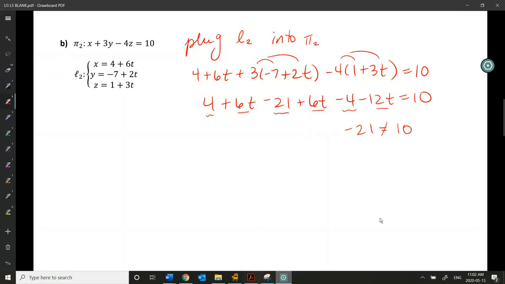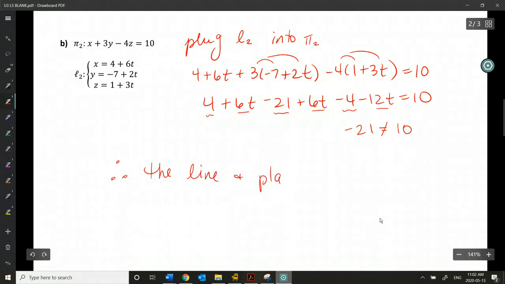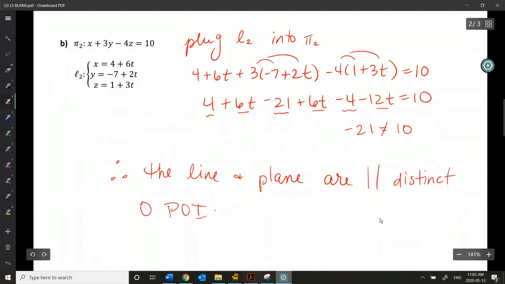And we also know that they're parallel distinct, which means that this line is actually never going to be inside this plane. So therefore, let's say the line and plane are parallel distinct, and that means that we have 0 points of intersection.